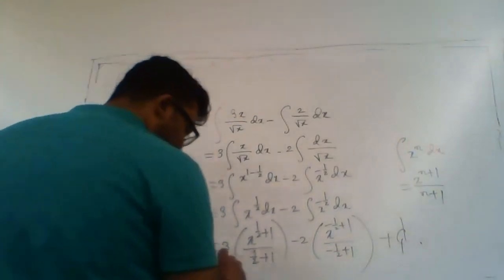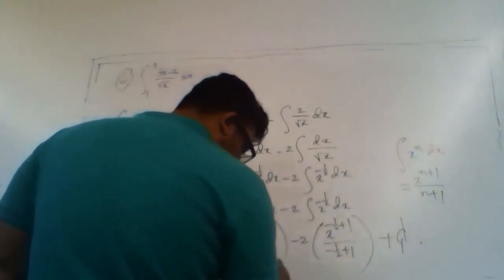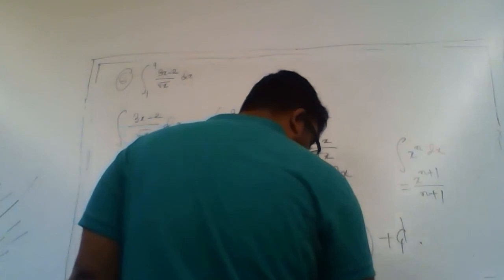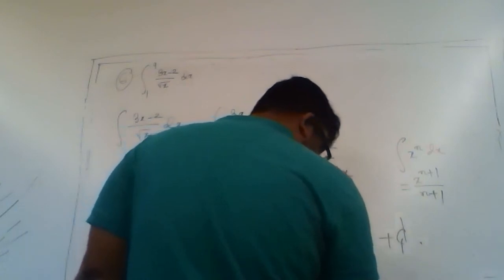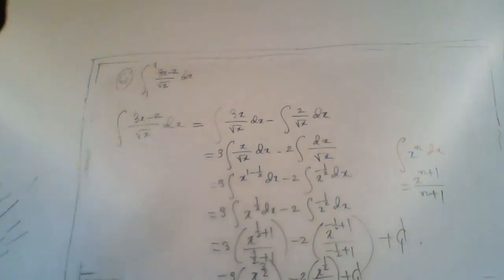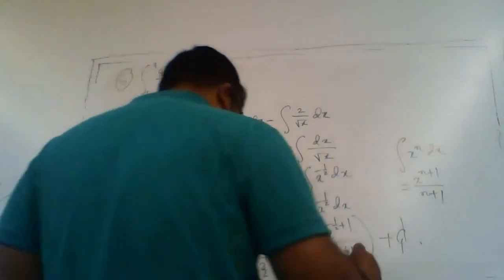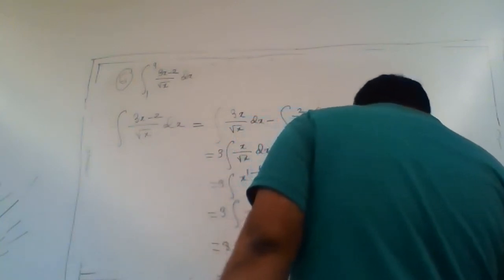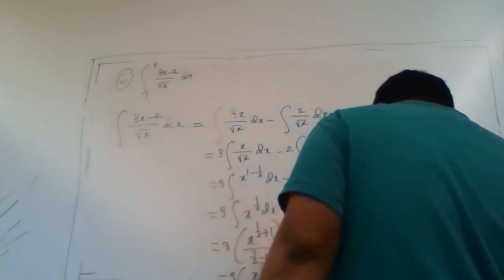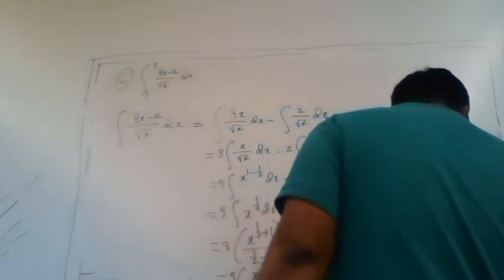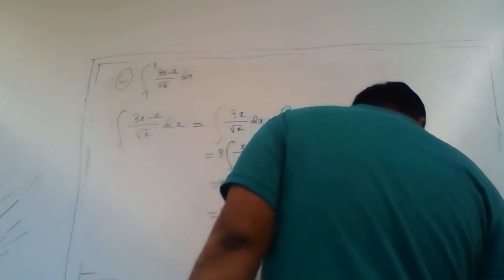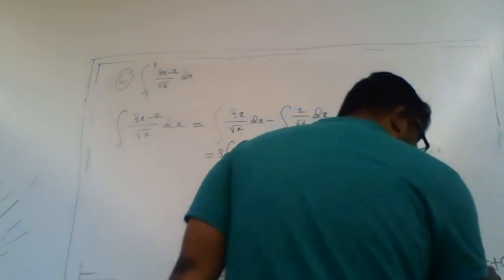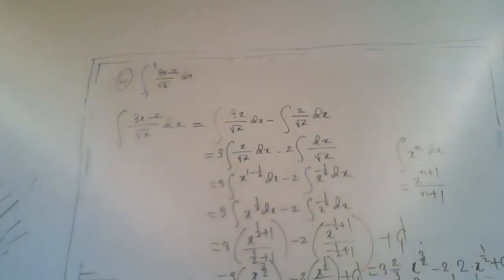So this will be 3 x to the power 3 by 2 by 3 by 2 minus 2 x to the power half by half plus c. So this ultimately gives you 3 times 2 over 3 times x to the power 3 over 2, minus 2 times 2 times x to the power half plus c. So ultimately you get 2 x to the power 3 over 2 minus 4 x to the power half plus c.